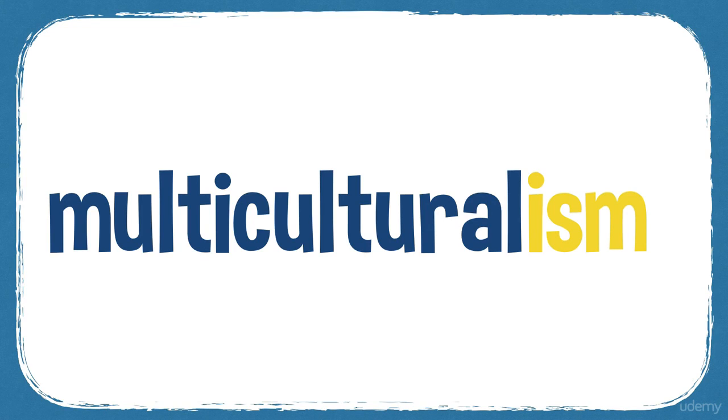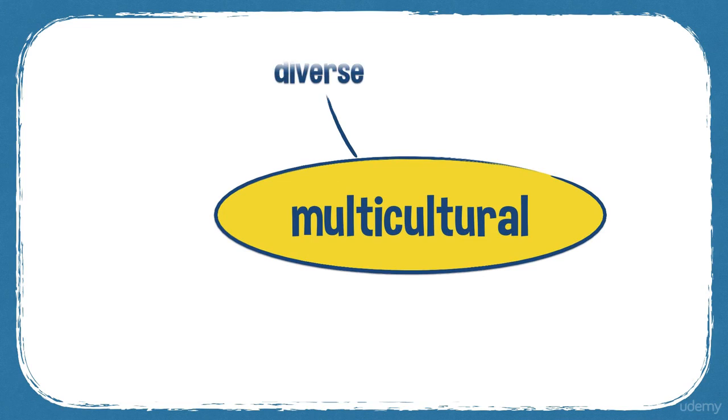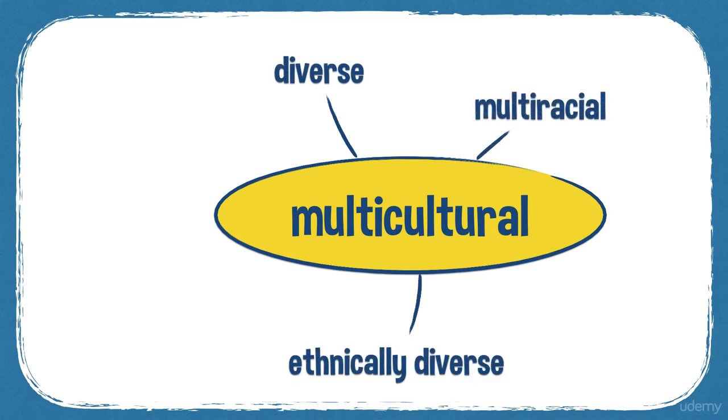Assimilation is when people from different cultures kind of merge together, live together, but multiculturalism is sometimes about keeping people not so much separate, but by respecting different cultures. And some synonyms: diverse, ethnically diverse, multiracial, and inclusive.